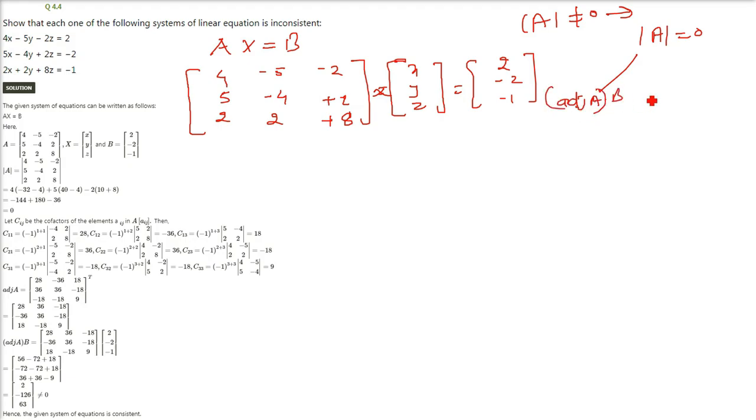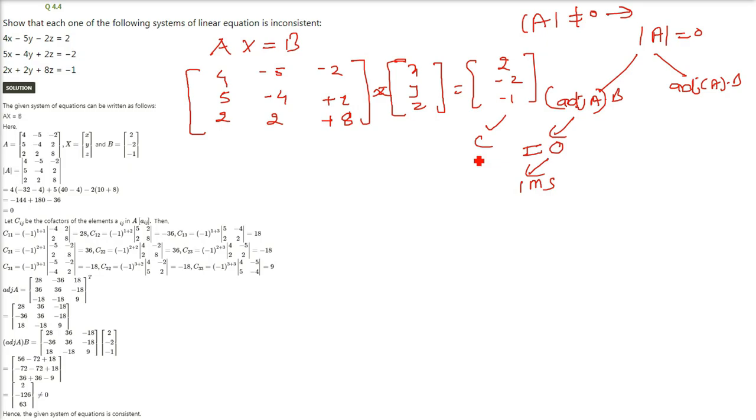So adjoint of A into B, in both the cases, one time it may come as 0, one time it may come not equal to 0. When it comes to 0, then since determinant of A is 0, this is also 0. So we have infinitely many solutions and the system of equations is consistent.